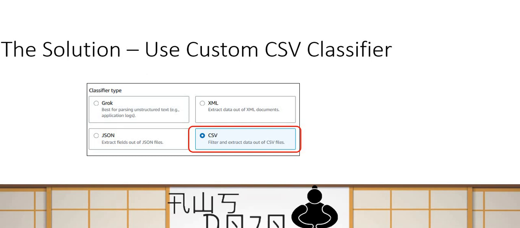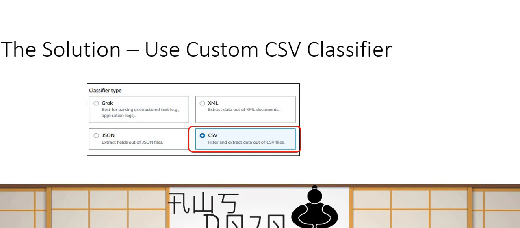You can create a grok classifier, an XML, a JSON, and also a CSV classifier. In today's video, we are focusing on the CSV classifier, but as I mentioned earlier, I created some other videos, and I'm going to provide you a link to those videos in the description, where you can learn about using other classifiers as well. But for now, let's stick to the CSV classifier and the problem we have at hand.